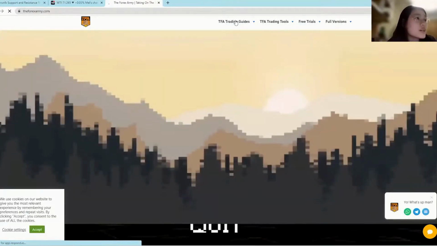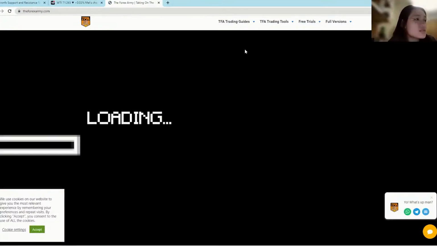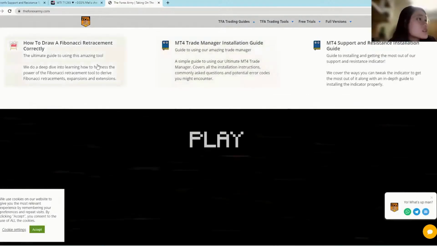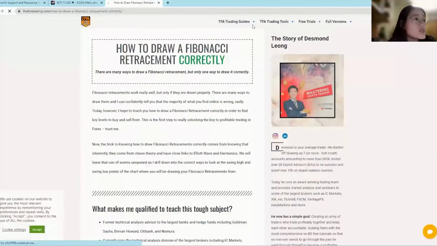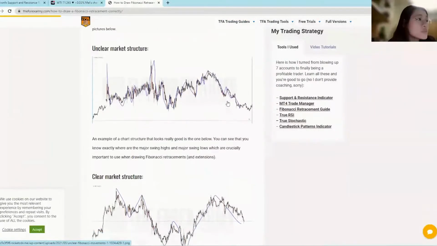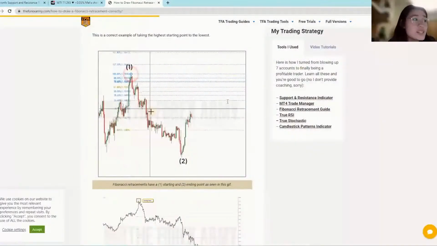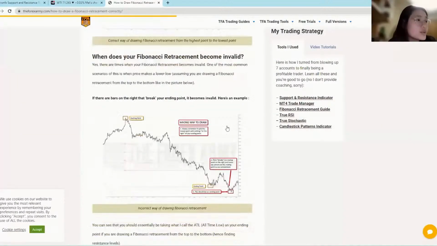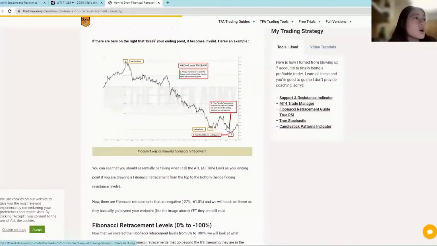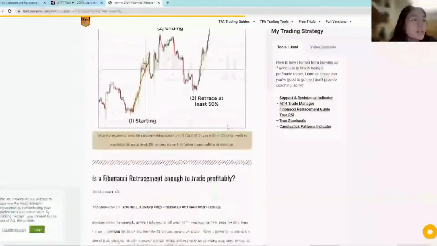On this website, you can get a couple of trading guides, such as how to draw a Fibonacci retracement correctly, as well as support and resistance guidelines. This is run by our company as well. So we have all of these examples, which you'll see in some of the slides, and some GIFs as well. It goes through really comprehensively all of the basics that you need to know when it comes to technical analysis. So you can go ahead and take a look over there.